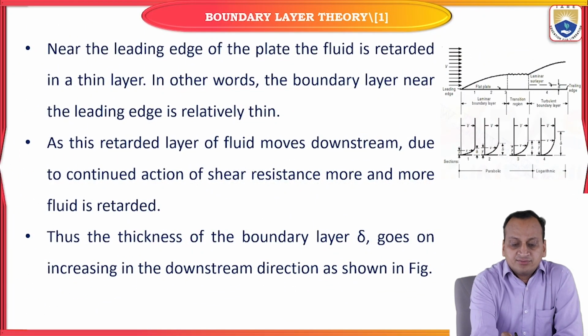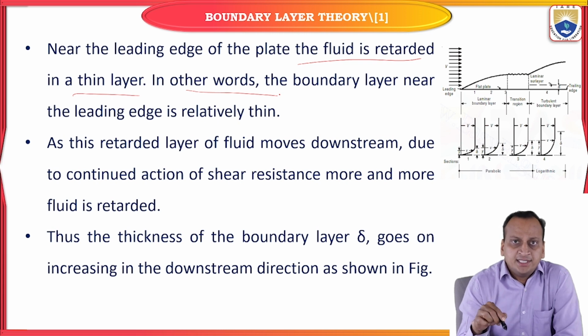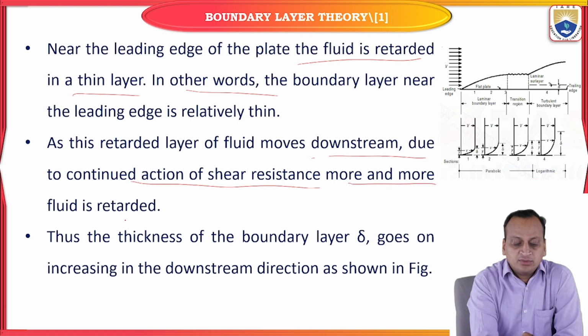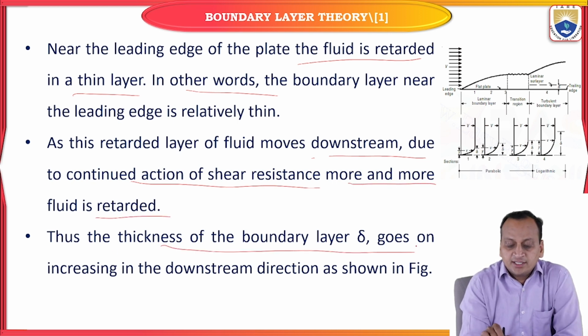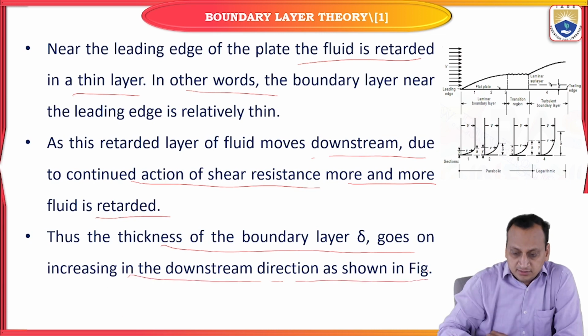Near the leading edge of the plate, the fluid is retarded in a thin layer; in other words, the boundary layer near the leading edge is relatively thin. As this retarded layer of fluid moves downstream, due to the continued action of shear resistance, more and more fluid will be retarded. Thus, the thickness of the boundary layer delta goes on increasing in the downstream direction.